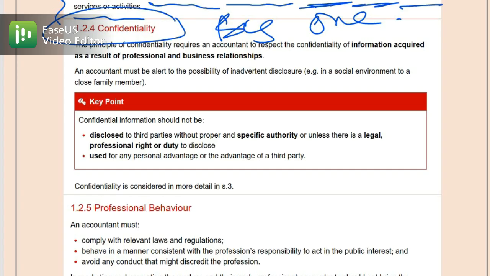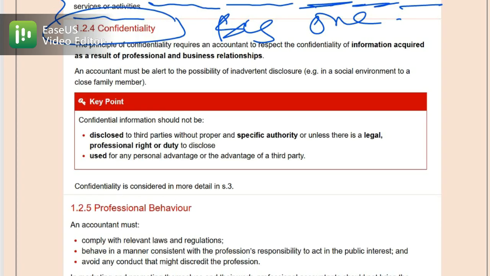So when you are doing an audit, you will get information, and this information is the confidential documents of that particular client. So you have to keep this information secure, and you must not violate the confidentiality of that information, right? So here is the rule, in a simple way: confidential information must not be disclosed to third parties.